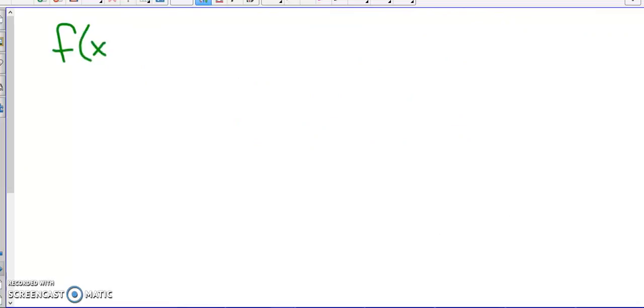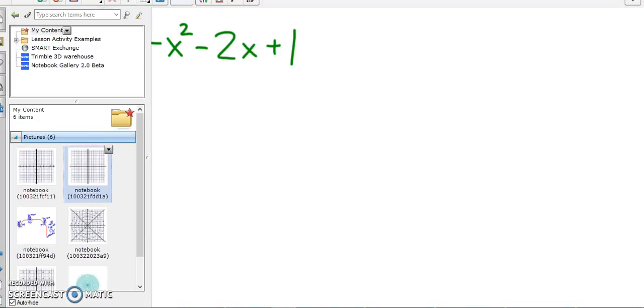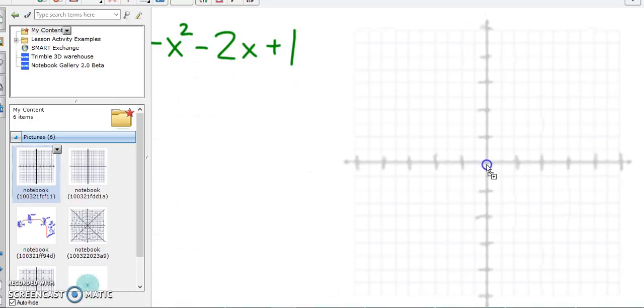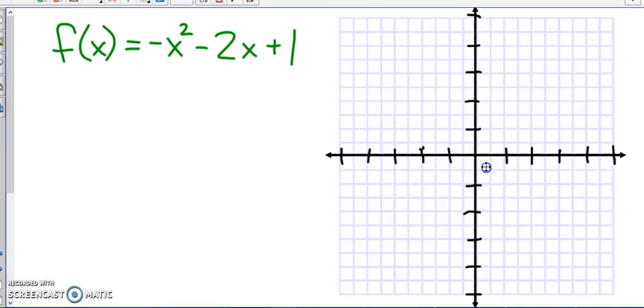So let's do f of x equals negative x squared minus 2x plus 1. I can actually use the smaller one for this one. All right.